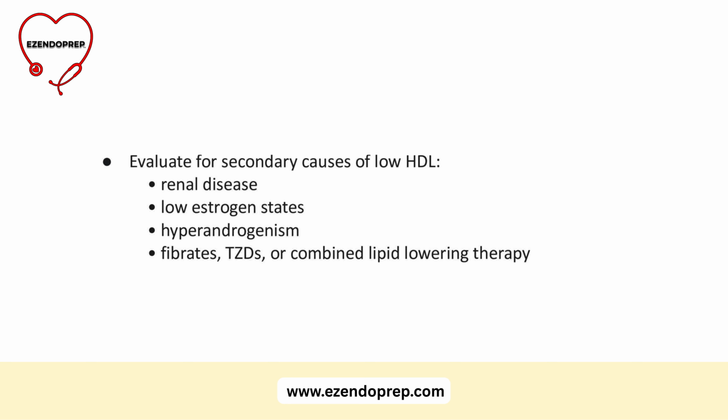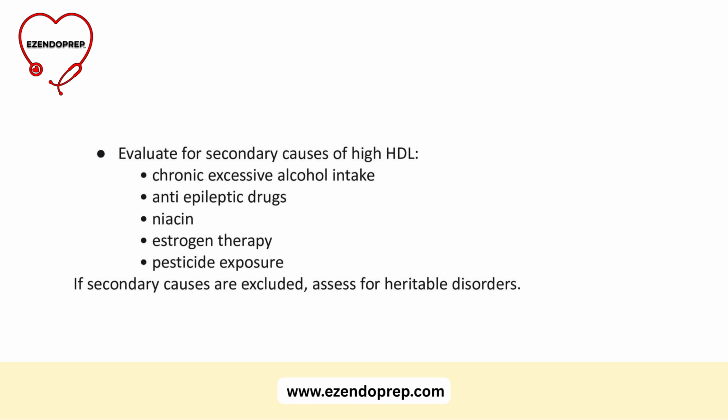Review historical data to assess chronicity. Evaluate for secondary causes. Conduct a comprehensive medication and exposure review. For low HDL, consider renal impairment, endocrine disorders, and drug-induced dyslipidemia. For high HDL, assess for alcohol excess, anti-epileptics, niacin, estrogens, or pesticide exposure.